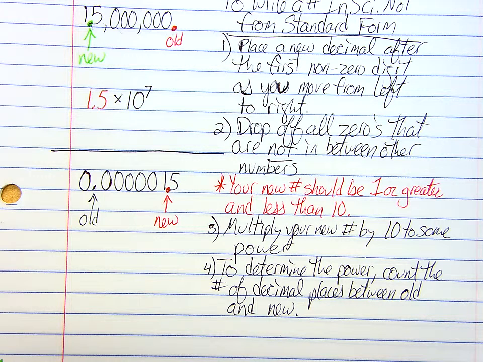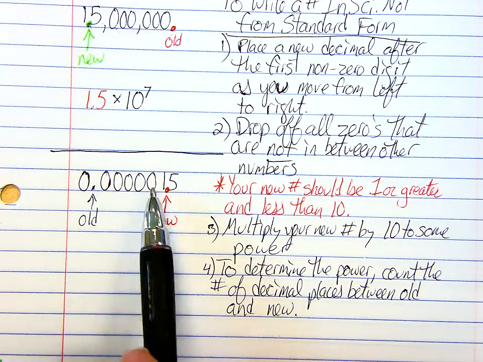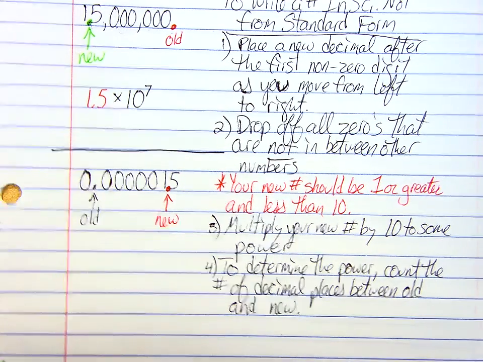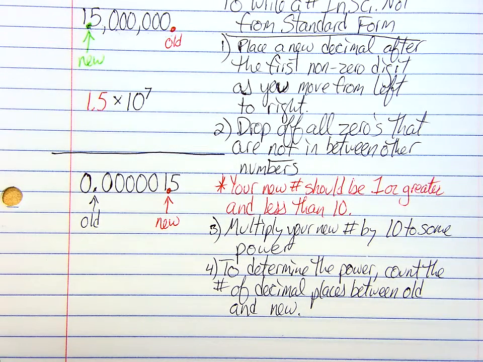Step 2: I'm going to drop off all the zeros that are not in between. So in this case, I'm dropping all these zeros off in the front because they're not sandwiched between two other numbers that are not 0. So my new number in this case, again, happens to be 1.5.